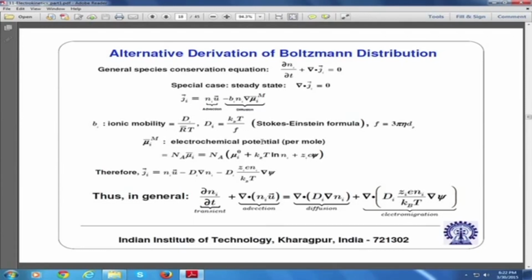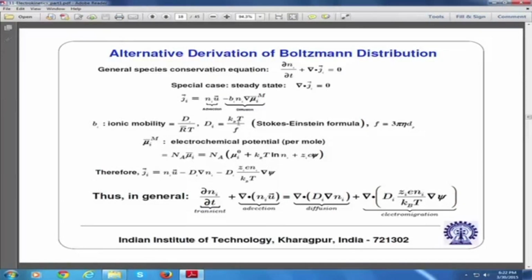So all these additional effects are brought into picture in this equation. So it carries the assumptions of Boltzmann distribution, no doubt, but it includes the effect of advection and transiences. This differential equation is known as Nernst-Planck equation.